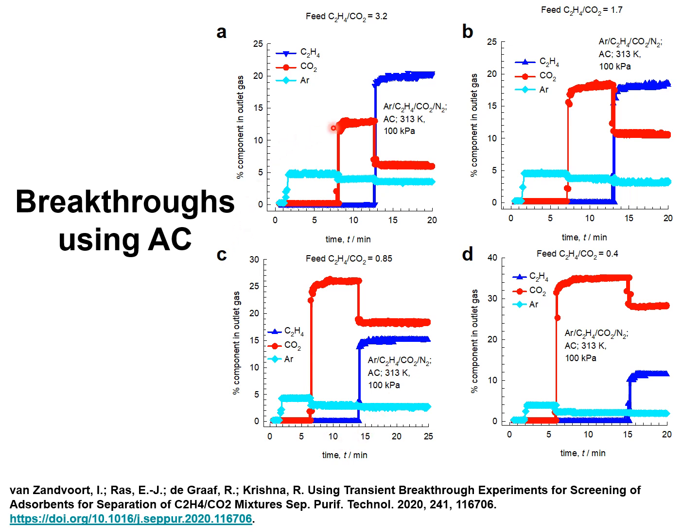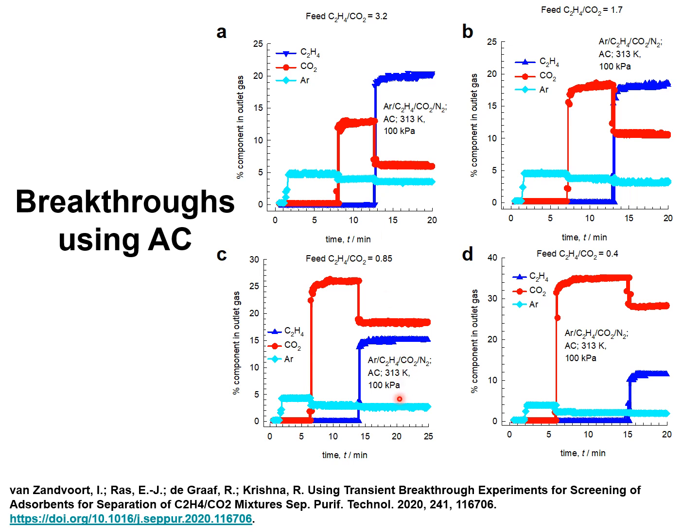We note that in all cases, the first component to breakthrough is CO2. You can see the breakthroughs of the red circles here, and the last component to break through is C2H4.